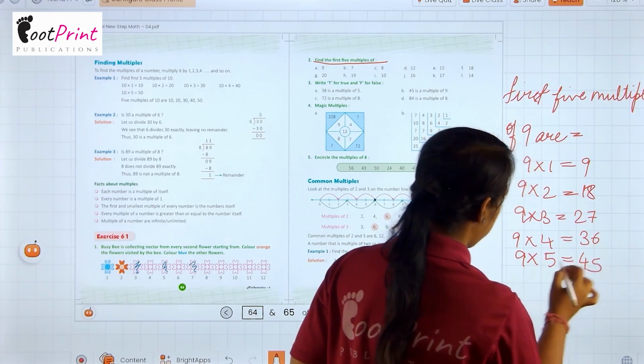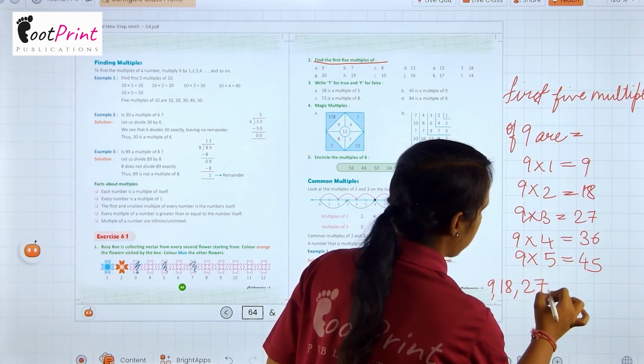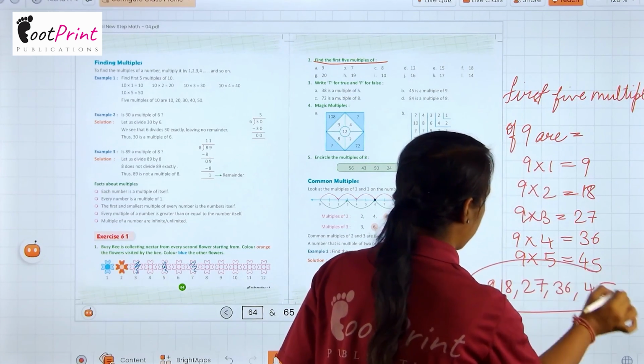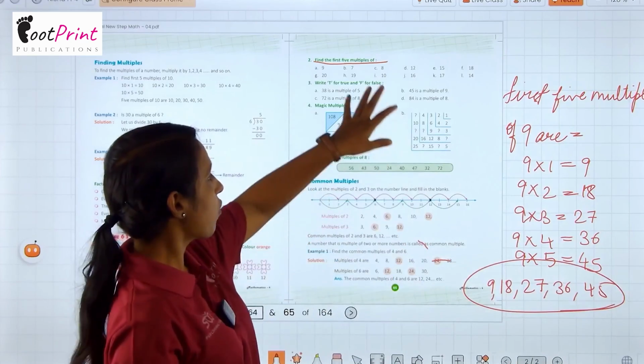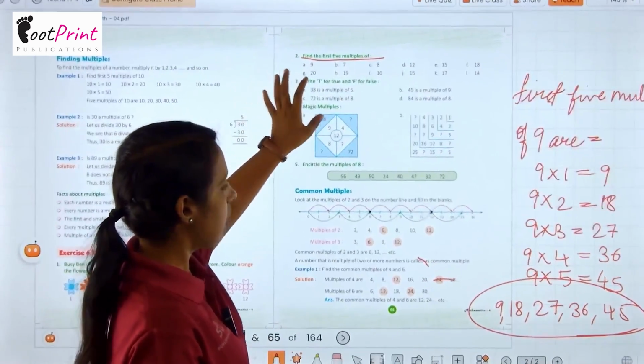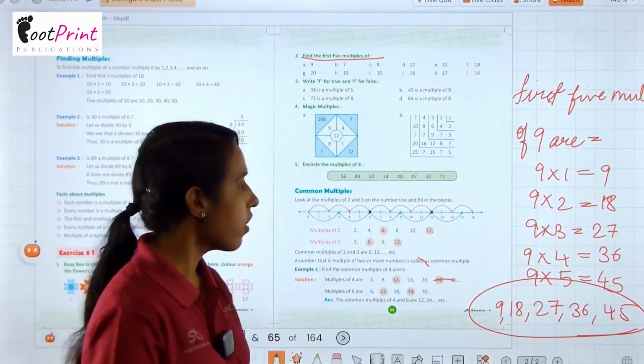It means 9, 18, 27, 36 and 45 are the first 5 multiples of 9. You have to solve all these parts just like that. I have solved one for you and the others you will solve by yourself.